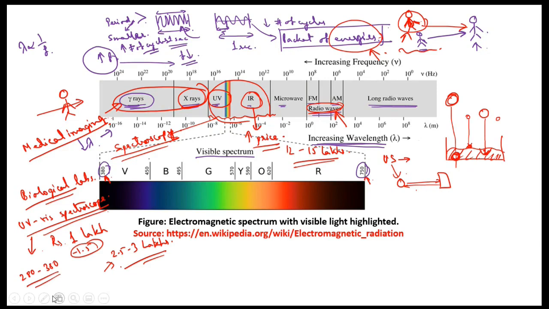For a typical UV visible spectroscope, you will have 280 to 750, and somewhat in the near IR region also, so in the wavelength range of 280 to 800 nanometers.